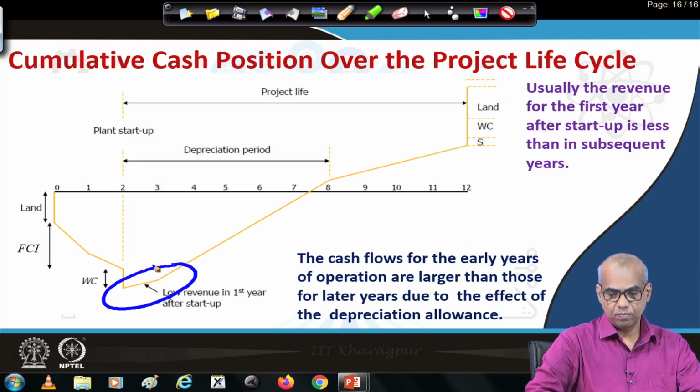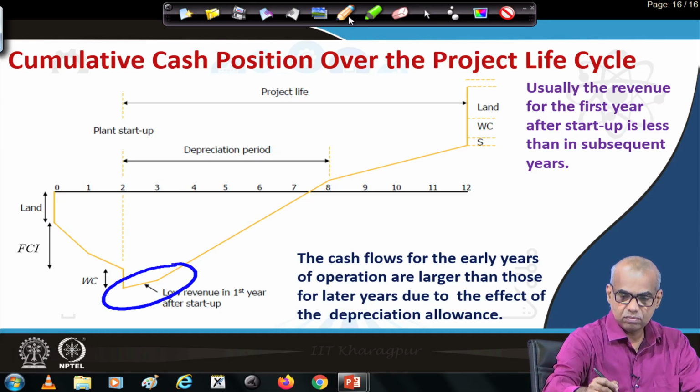There is one more point. In our previous module, when we talked about depreciation, we have discussed that once the capital investment is recovered, that means when you have charged completely the depreciable amount, there will not be any more tax benefit due to depreciation.